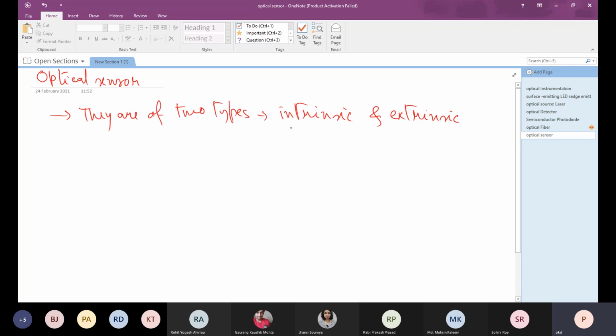So intrinsic means the optical element itself is a sensor, like the optical fiber or the source or the detector itself is the sensor.